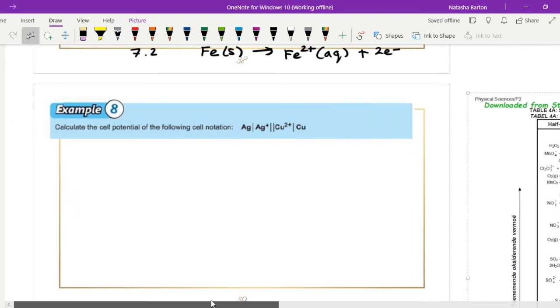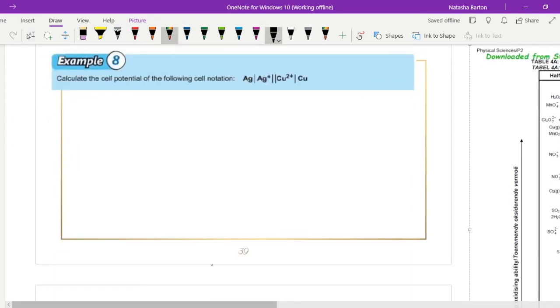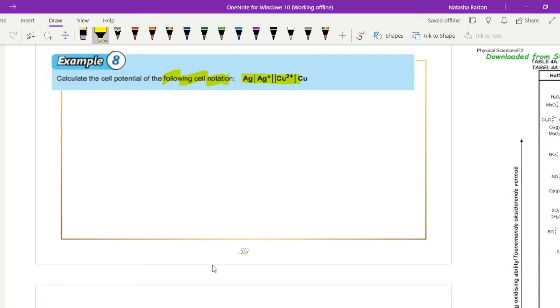On to example 8. Example 8 says, calculate the cell potential of the following cell notation. So here are the cells, and what needs to happen now is we need to decide what is what. If you remember correctly, I told you we always write down oxidation, then reduction, and we follow that in order to get the cell notation.